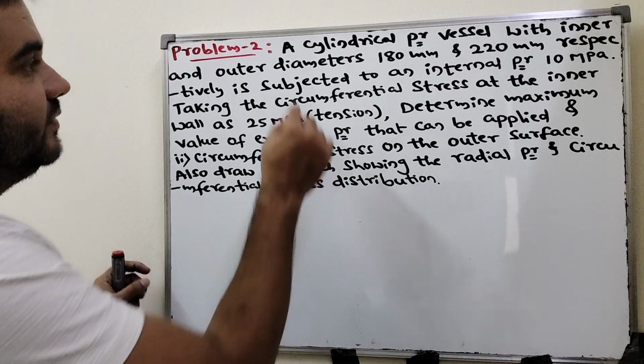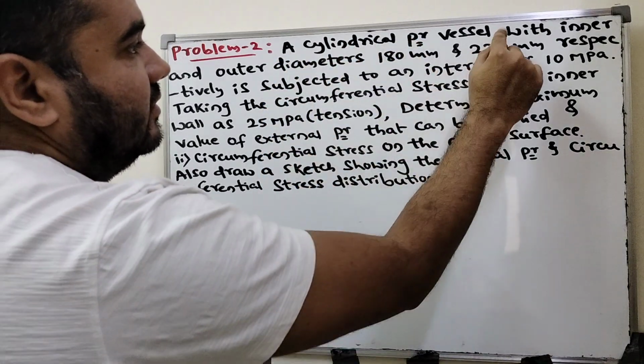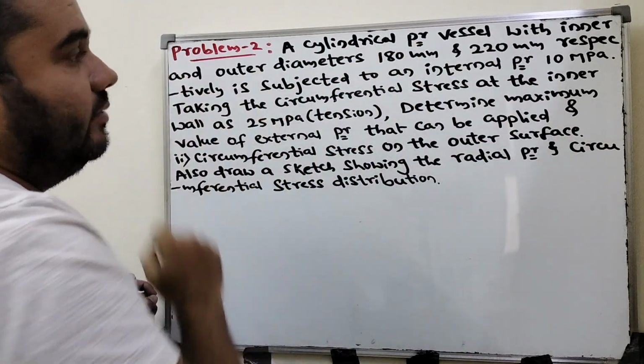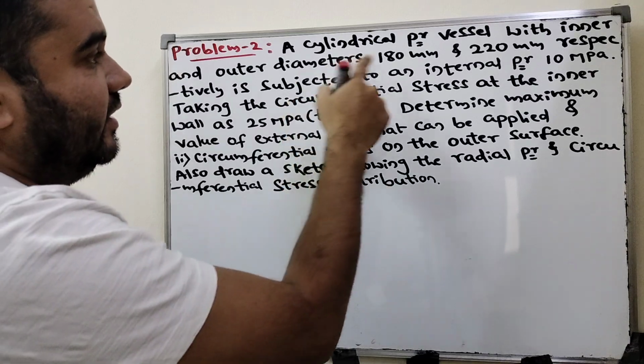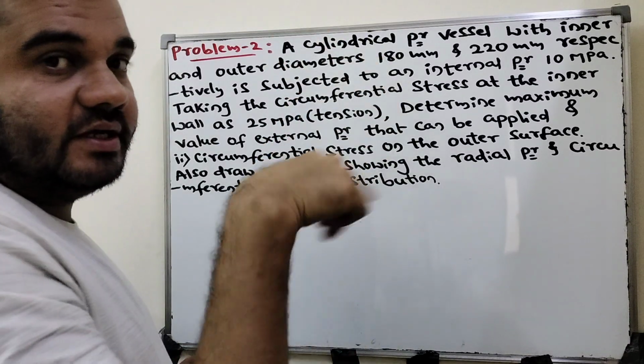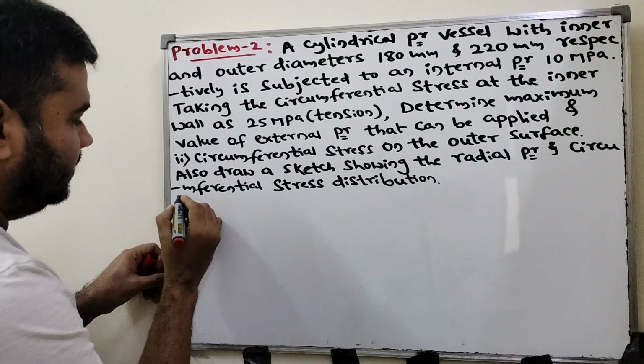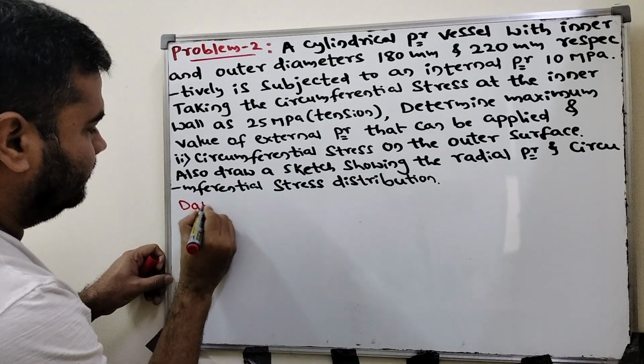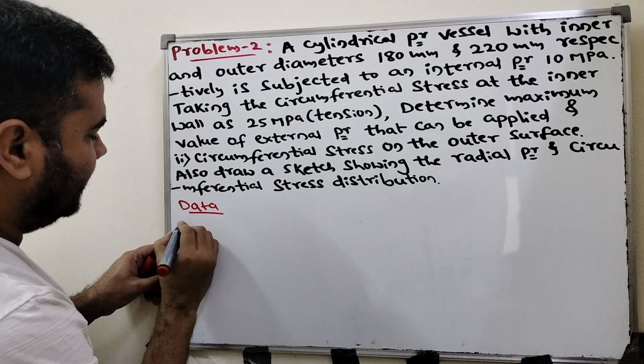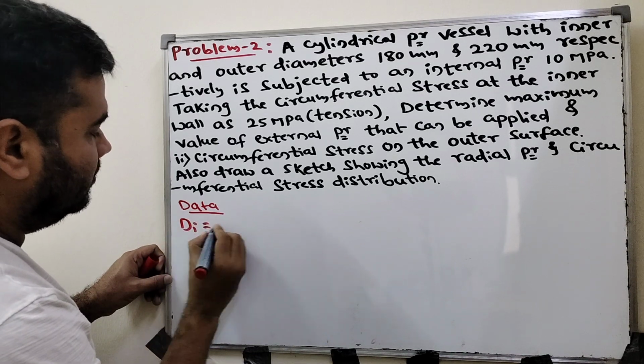What is the data given: a cylindrical pressure vessel with inner and outer diameters. The inner diameter is 180 mm and the outer diameter is 220 mm. First we'll write the data. Inner diameter di equal to 180 mm.